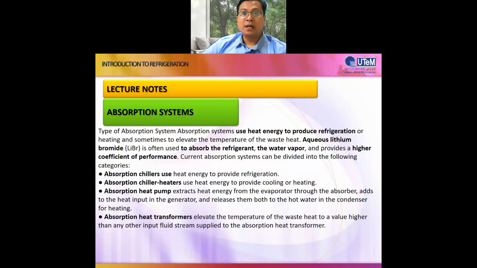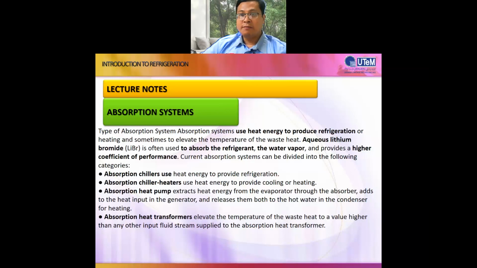We can use this thermal energy to develop a refrigeration system, which we call the absorption system of refrigeration. In the system we use a liquid to capture the refrigerant and also to spread within the water system.